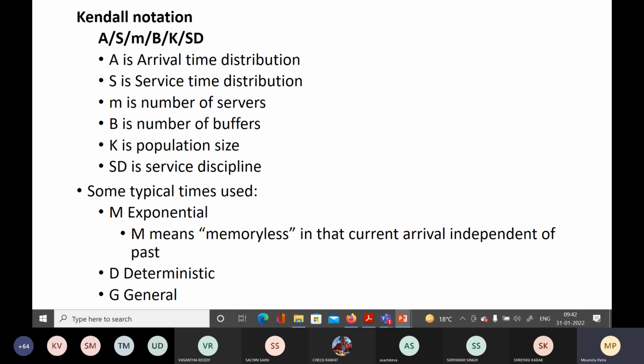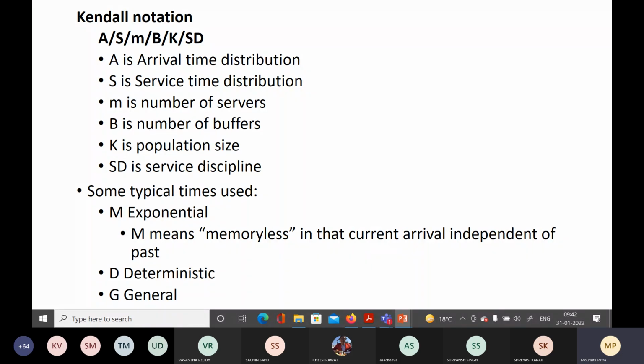Now, we have deterministic distributions, where you know exactly that after this much amount of time there will be an arrival, or exactly this much time will be taken for servicing a particular packet.